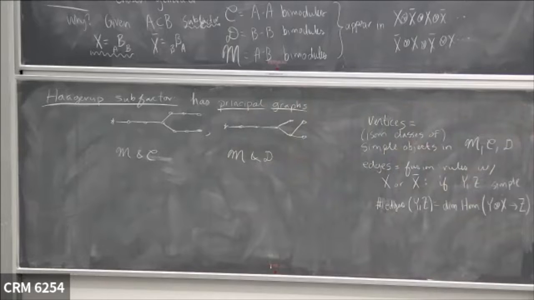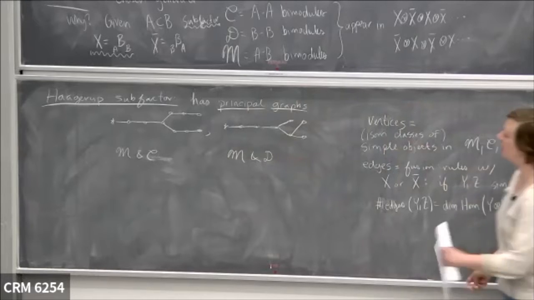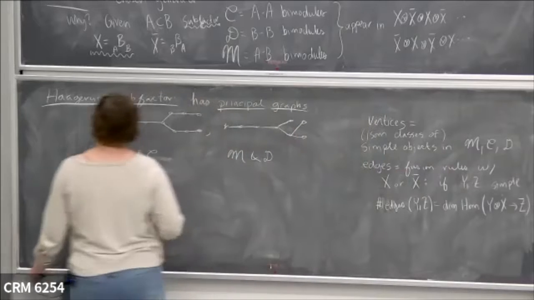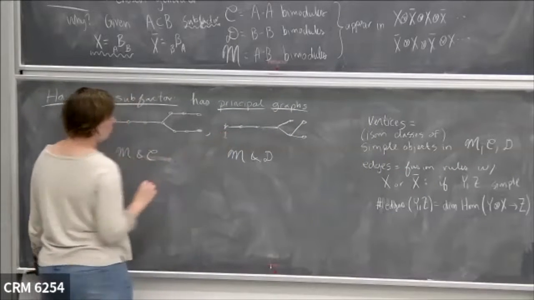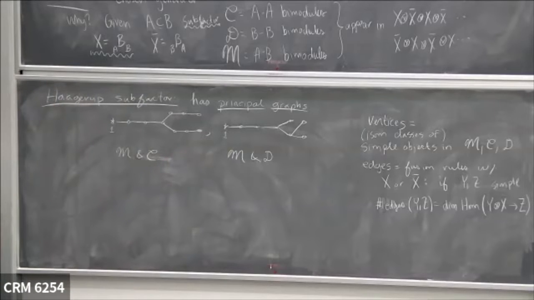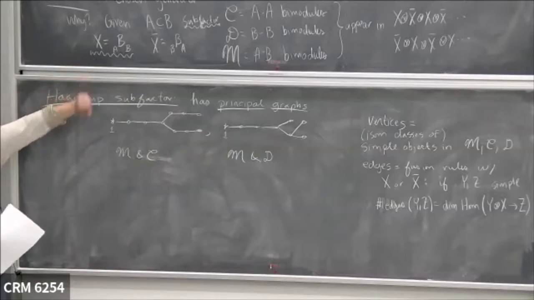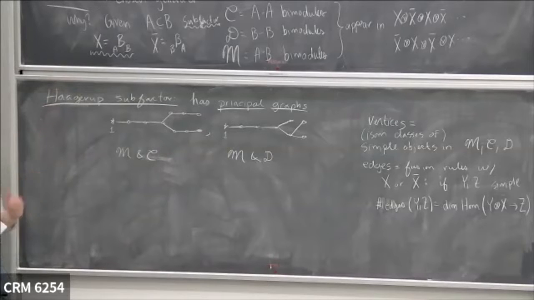Okay, but so in these diagrams, we always start with the unit. Okay, so either B as a B-B bimodule or A as an A-A bimodule.